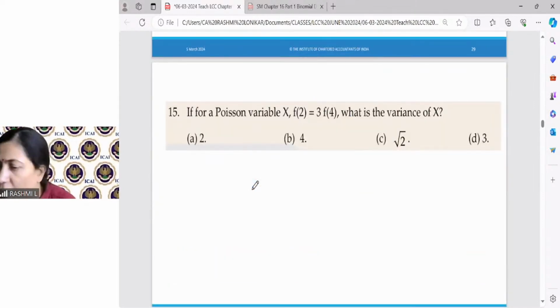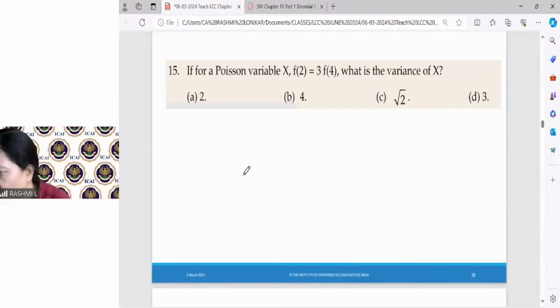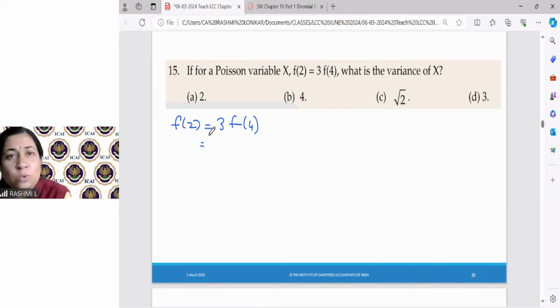Okay. Next one is for a Poisson variable x, f2 is equal to 3 times f4. What is the variance? F of 2 is equal to 3 f of 4. Now, can we do it directly?